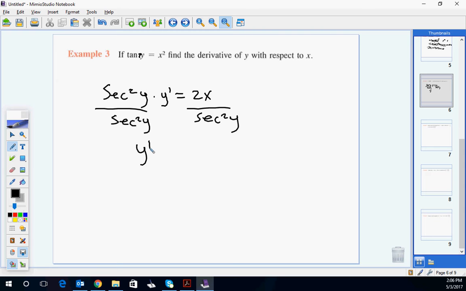What is secant squared on the bottom, really? It's cosine squared. It's not derivatives. It's because secant of x is the same thing as 1 over cos x.